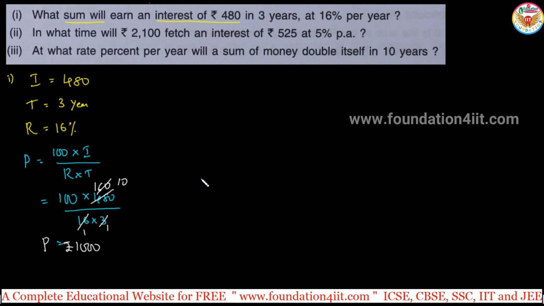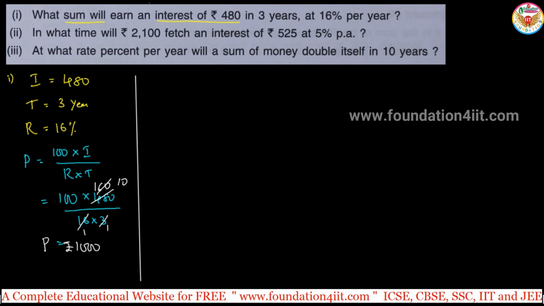Let us see the second one, question number 2. In what time? So in this question they're asking time. What time will 2100, so 2100 is the principal, fetch an interest of 525? Interest is given, R is given.